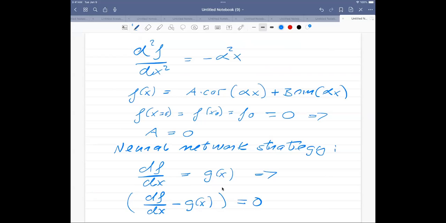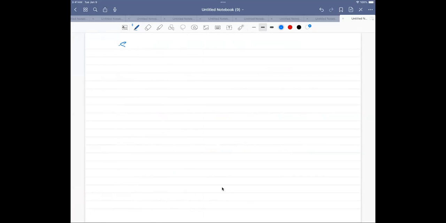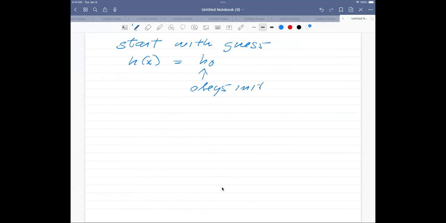So you can now decide, when you look at this function here, you would then typically start with an initial guess. And let's call this h of x, which now has a function h of 0, which obeys initial conditions. Plus, and then we can have a neural network here.